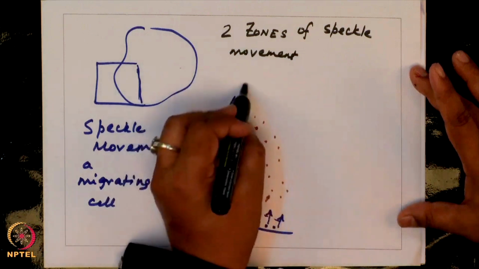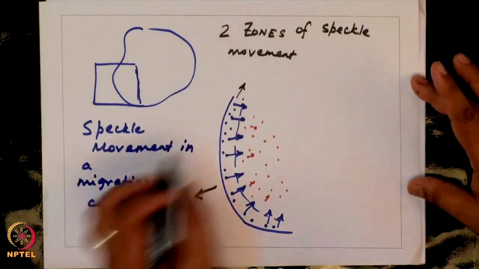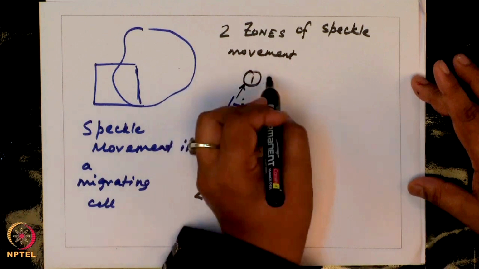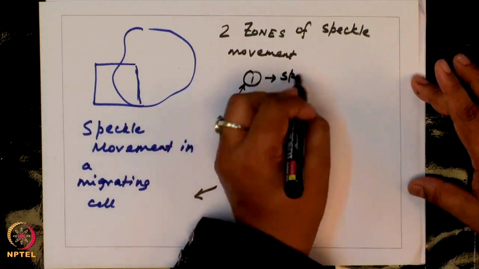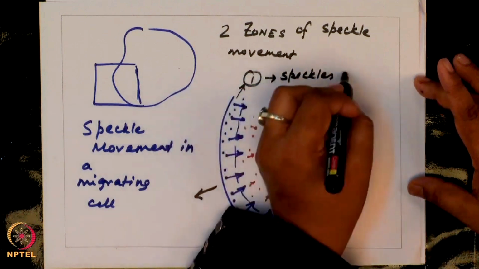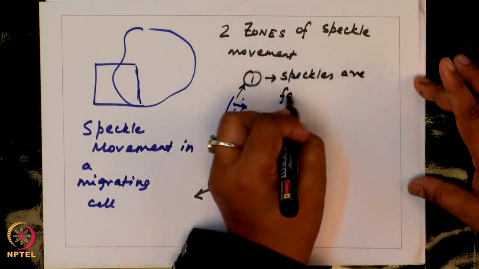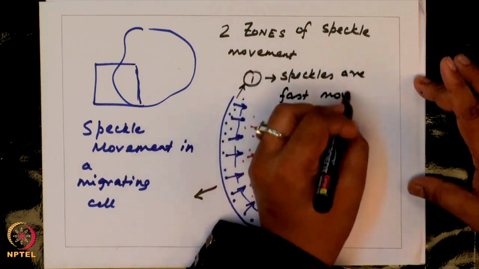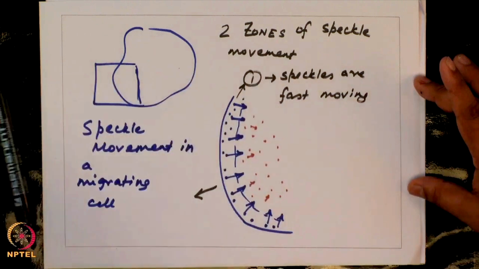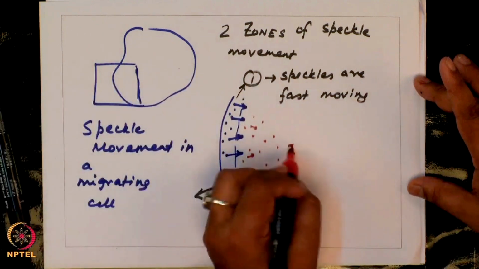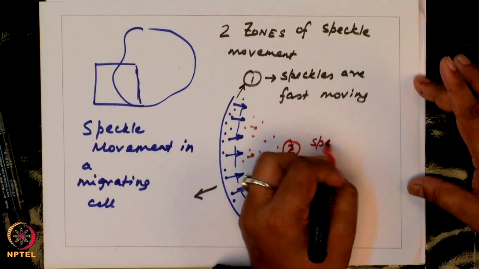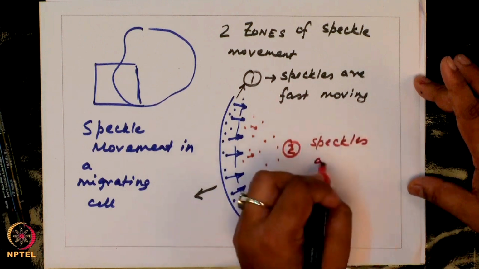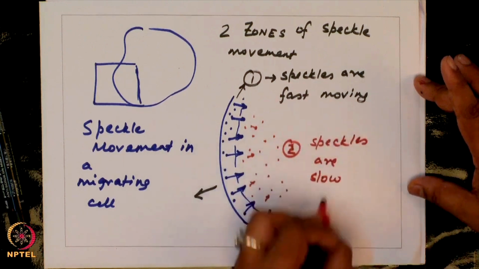There is this zone at the periphery, zone 1, where speckles are fast moving, and zone 2, where speckles are slow moving.